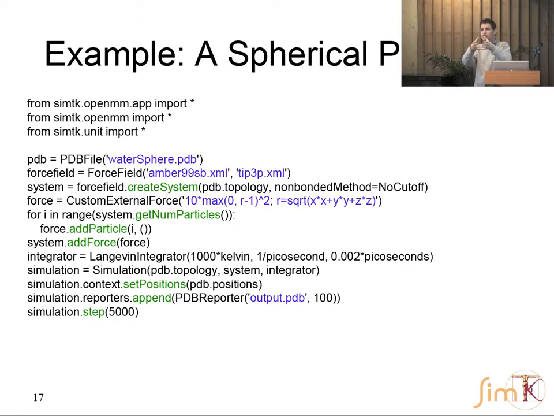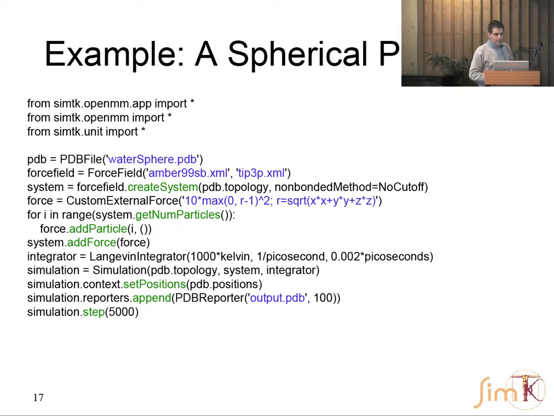Now, you can simulate a little droplet of water, but if you just simulated that in vacuum, all your water will eventually evaporate away, and you won't have a droplet anymore. You'll just have lots of water molecules floating off to infinity, and that's not so useful. So what we want to do is put a wall around it, just so that when a water molecule tries to float away, it will get pushed back, and our droplet won't be able to evaporate.